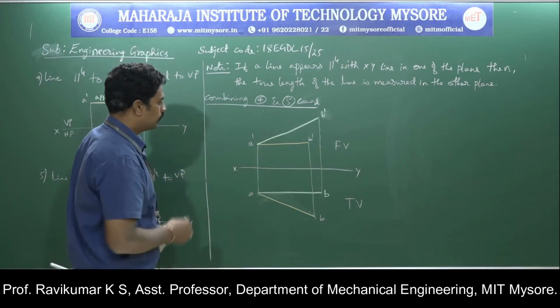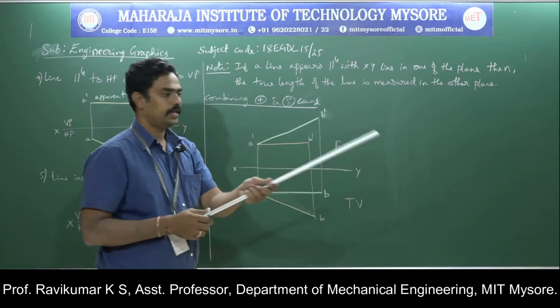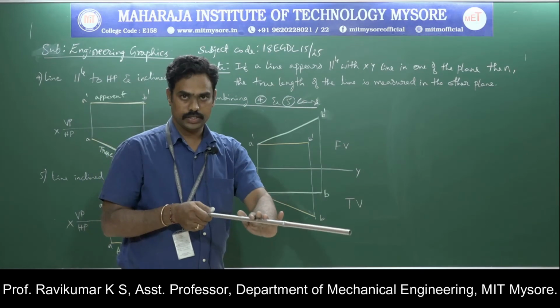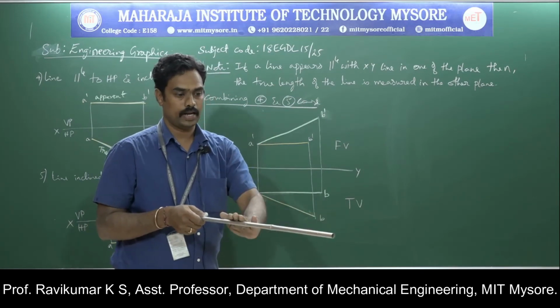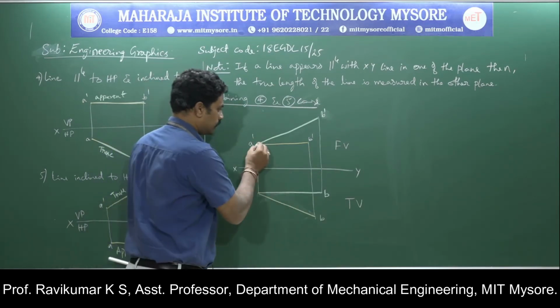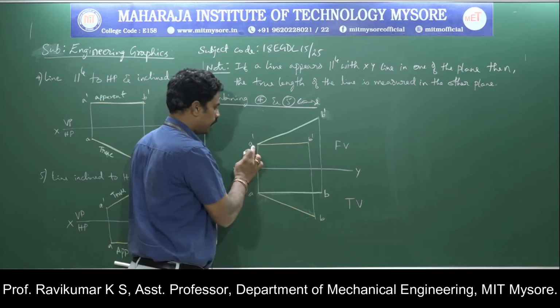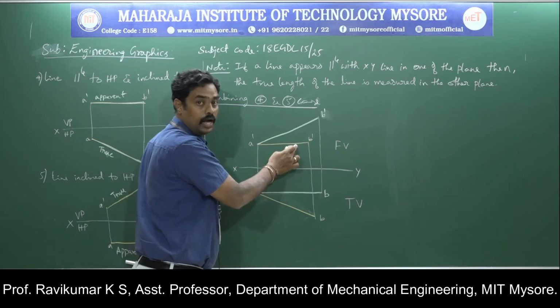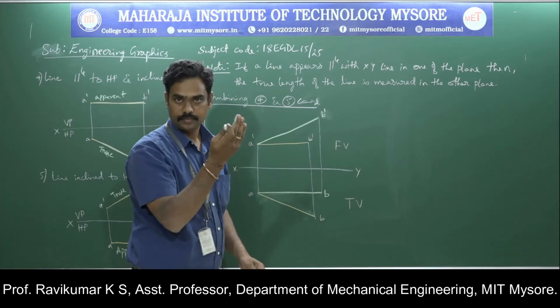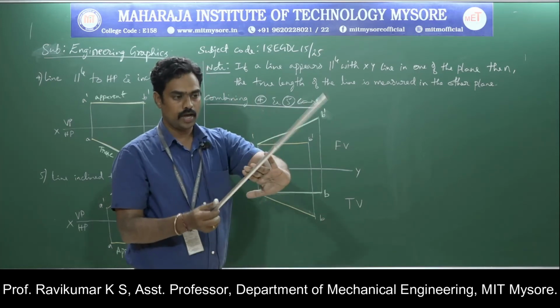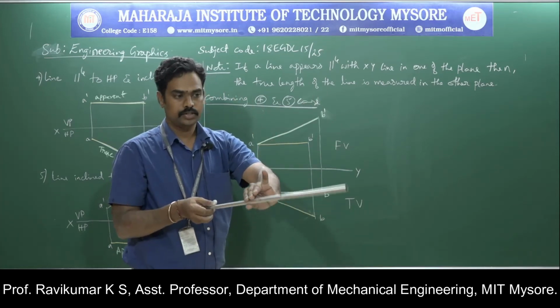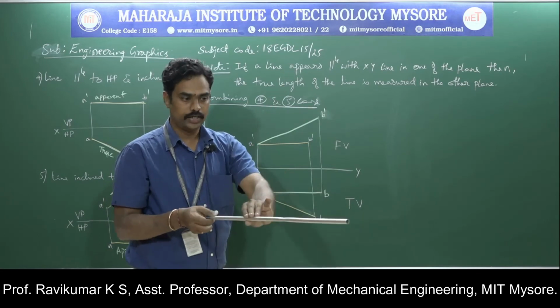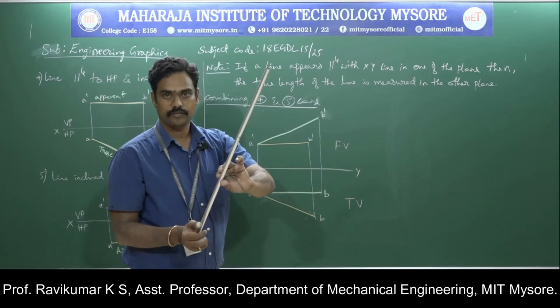Fine. Now here, what have I done? I have taken off the inclination to make it parallel. That means if A dash B dash is parallel now, earlier it was inclined. I have made it parallel, right? So earlier it was inclined. I need to draw a curve.